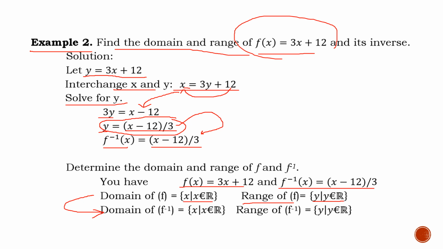That's why whatever your values in the range here will be the domain in your inverse function. So if this is an element of real numbers, it's automatic that the domain in your inverse function is an element of all real numbers, because it is just the range of your original function. It's the same thing with the domain of your original function, which becomes the range in your inverse function.